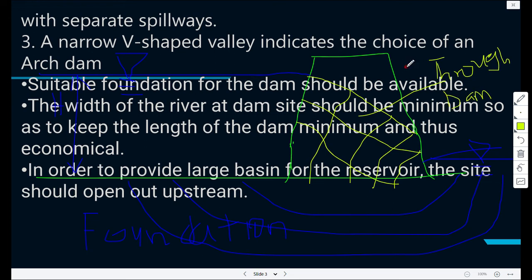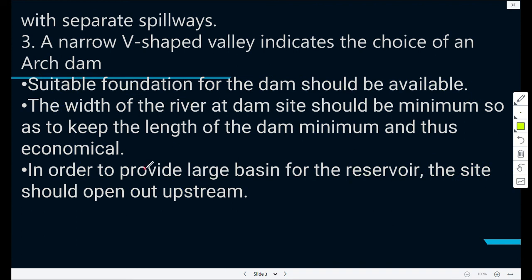So it's not enough to have good topography for dam construction. Once you have good topography, you have to confirm the foundation. Of course, another factor you must consider is the availability of material to build this impounding structure. So far we have talked about topography.